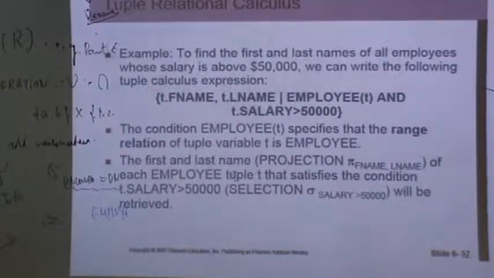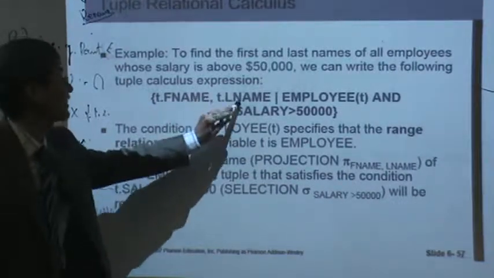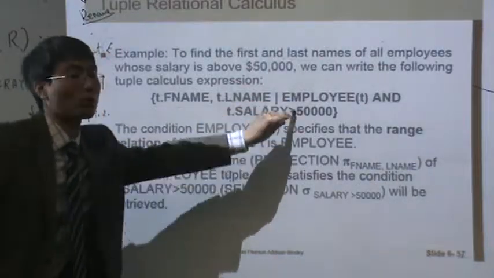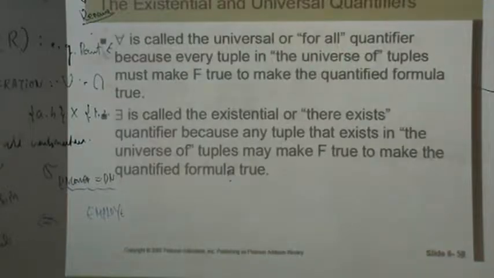So for example, this is an example of the relational calculus. So T, the first name and last name, but the condition is, and T salary is, so it only shows the condition. Okay.